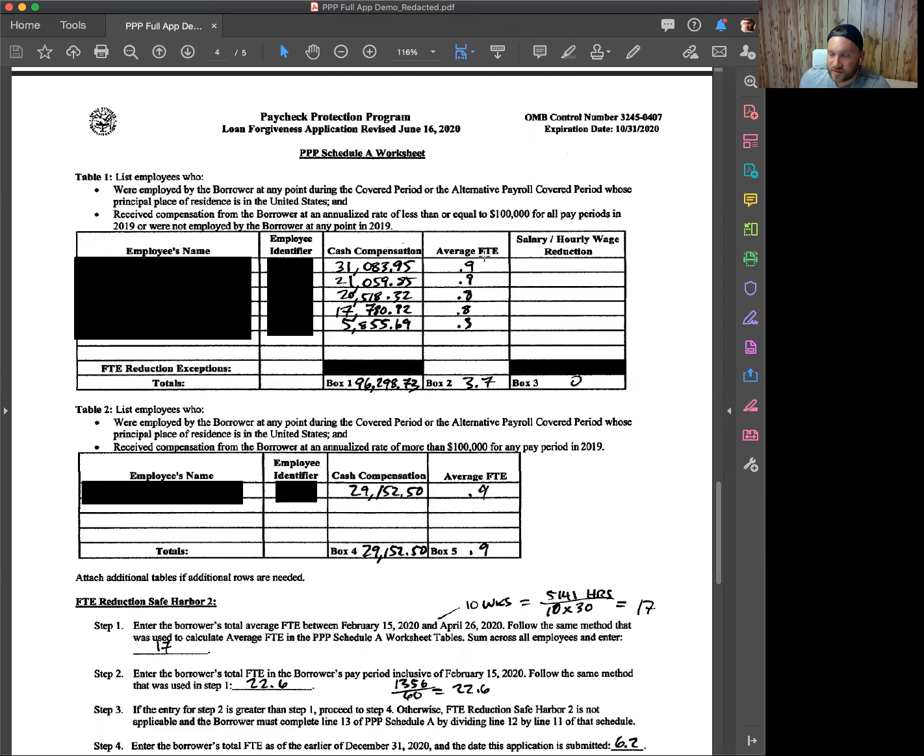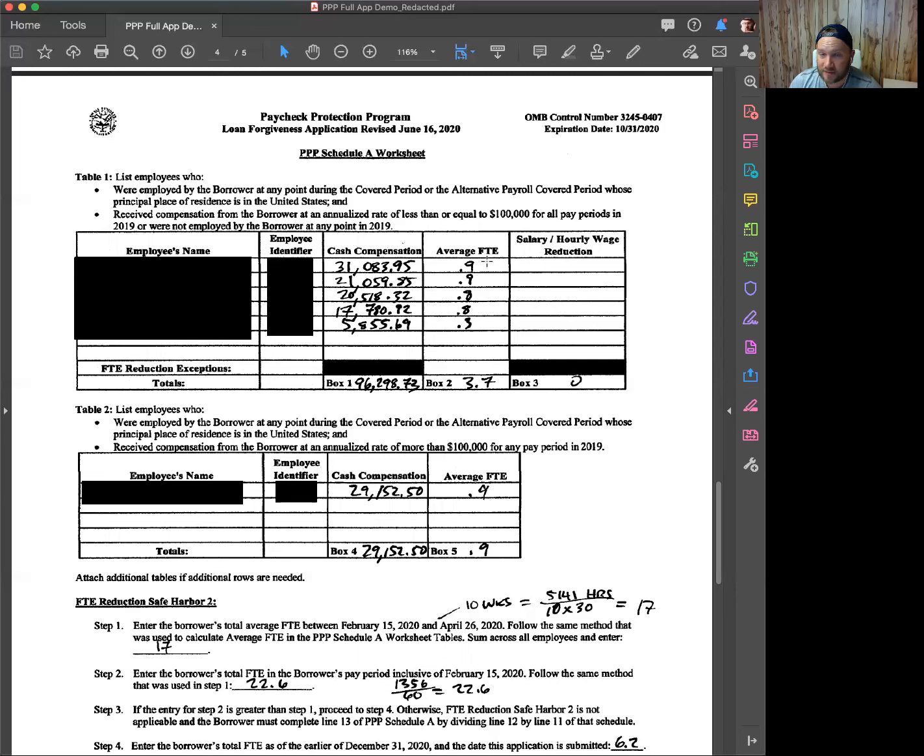Next, you're going to list the average FTEs, okay? So in this case, for this client, we used data for compensation, for FTEs, et cetera, that came from our payroll system that we use with our client called Gusto.